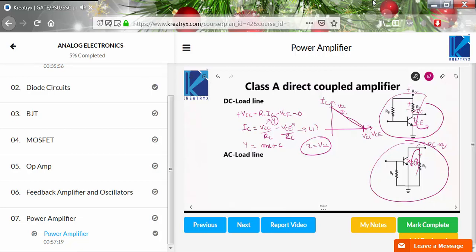Current through RC is nothing but small ic, right? Now what is it actually? So ic RC plus vce equal to 0. Now from this, what about ic here? Actually ic is nothing but minus 1 by RC into vce. Actually what is the AC value? AC value is nothing but the total value minus, in case of an amplifier, the DC value, right?